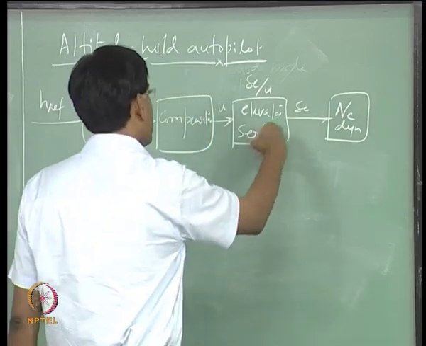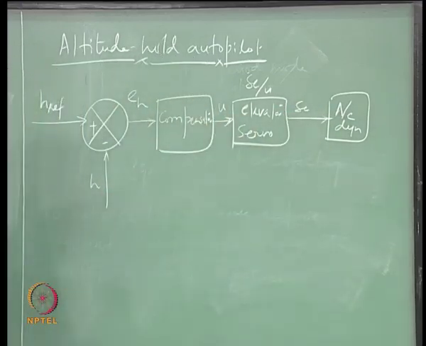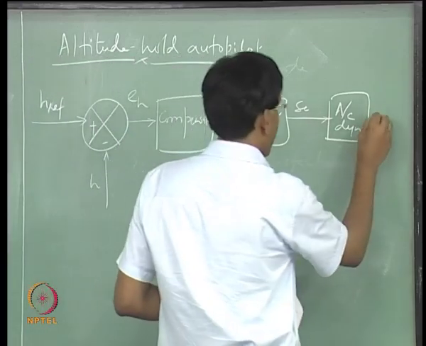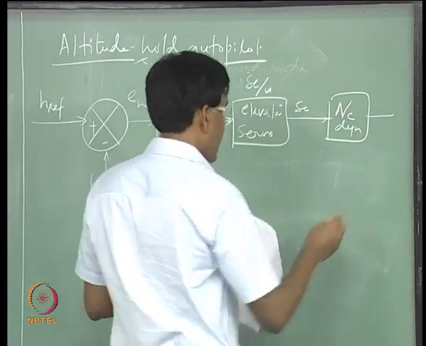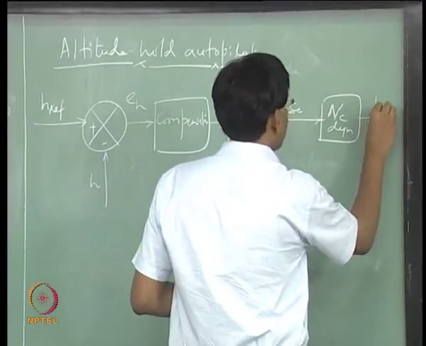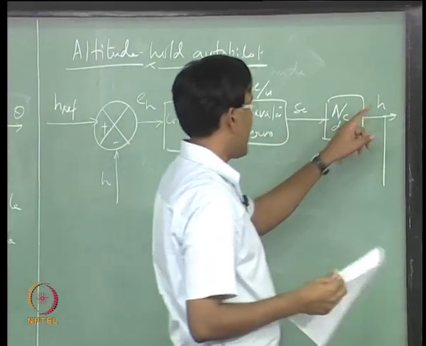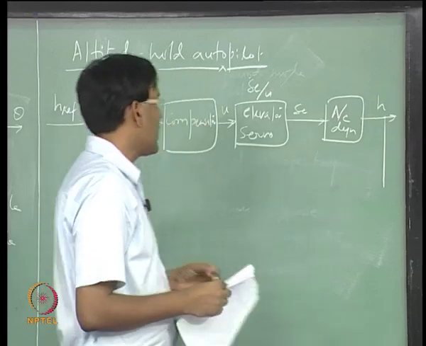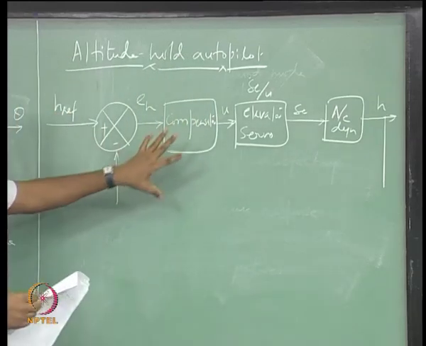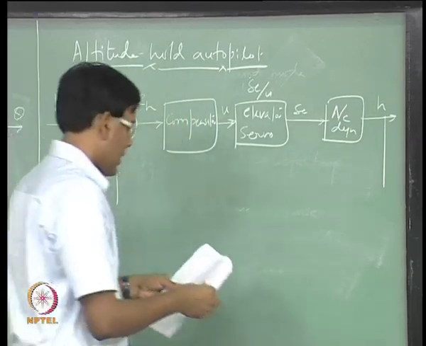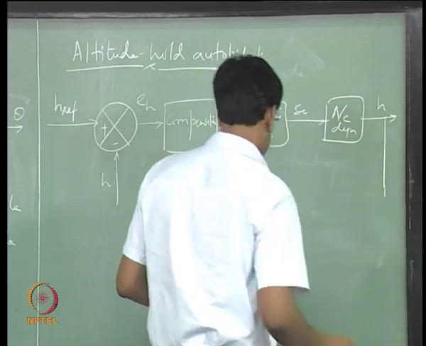Now, this delta E is the modified delta E which is going into the aircraft dynamic equations, and that is outputting this H. As soon as this H becomes H reference, this control system may stop functioning.